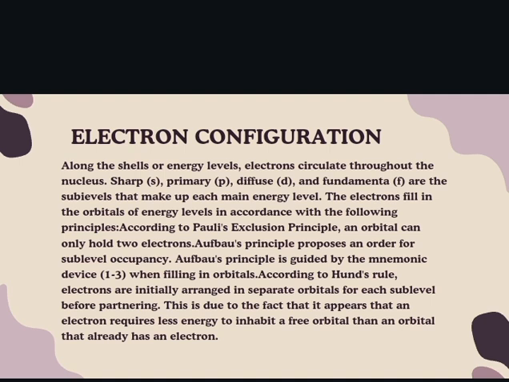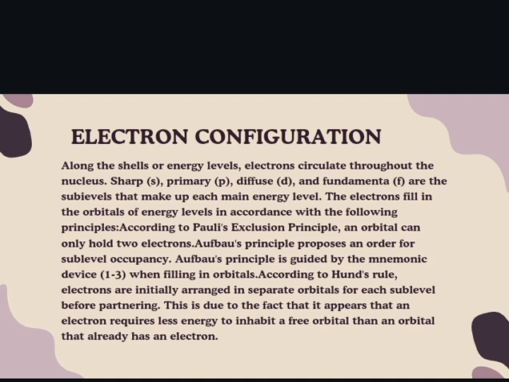According to Pauli's exclusion principle, an orbital can only hold two electrons. The Aufbau principle proposes an order for sublevel occupancy. The Aufbau principle is guided by a mnemonic device when filling in orbitals.